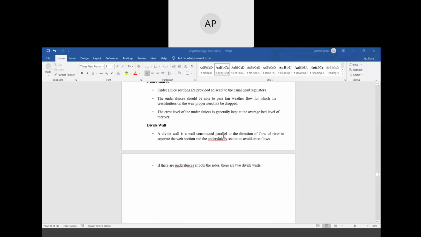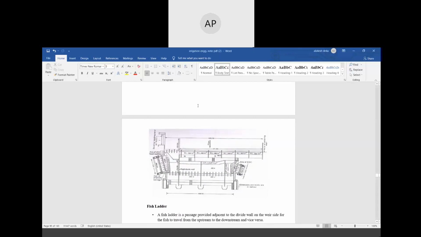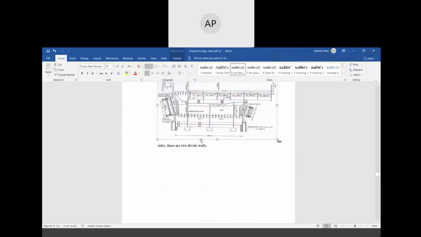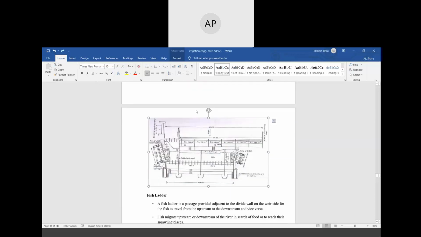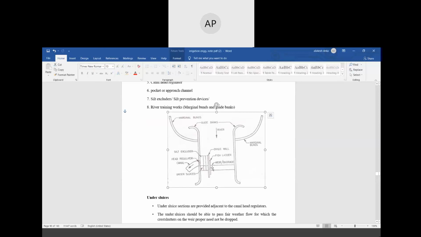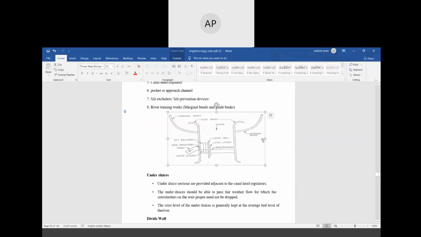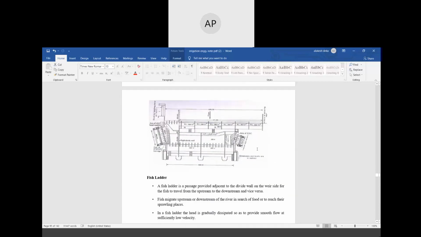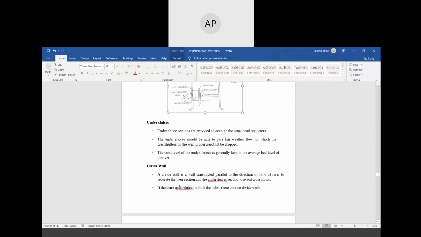A divide wall is a wall constructed parallel to the direction of flow of the river to separate the weir section and the under sluices section to avoid cross flows.